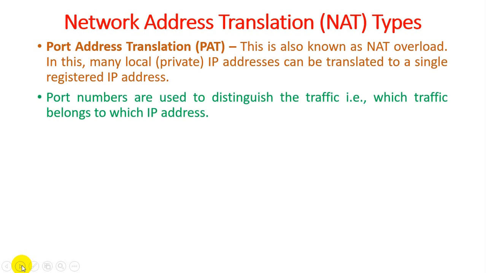Port numbers are used to distribute the traffic, or which can be said as which traffic belongs to which IP address. As per the previous figure, as per the videos, we say that port address translation is actually used for many to one translations.